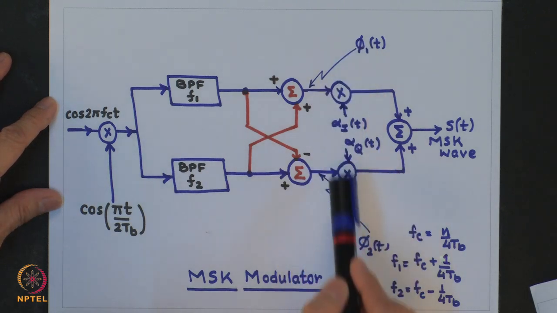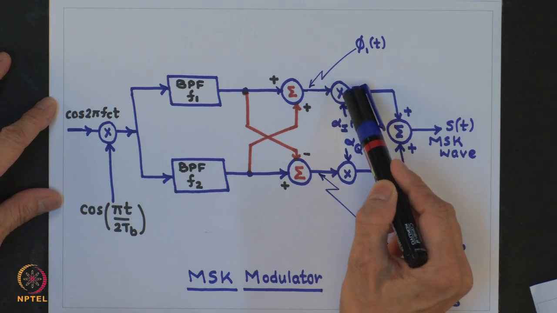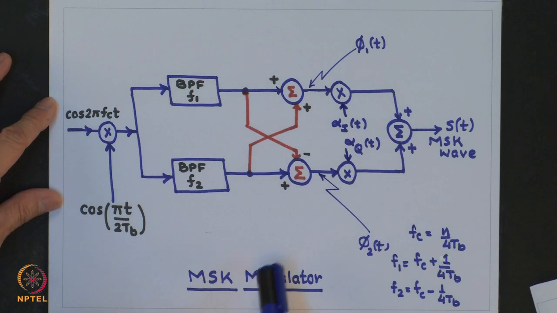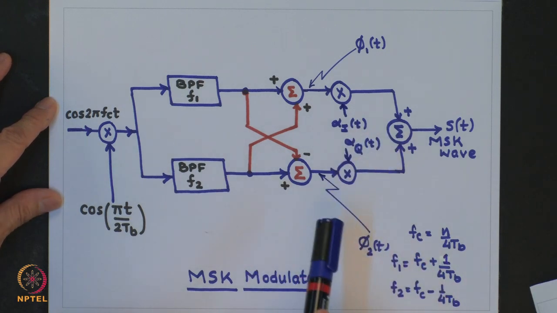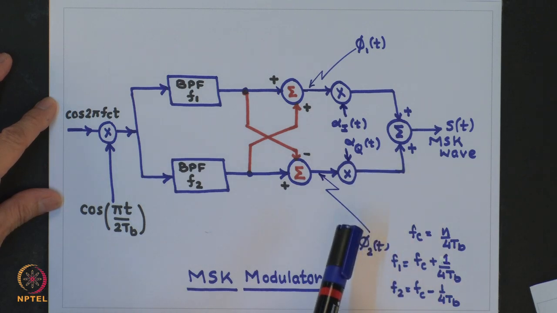Finally, phi 1 t and phi 2 t are multiplied by two binary waves alpha I t and alpha Q t, both of which have a bit rate equal to 1 by 2Tb.